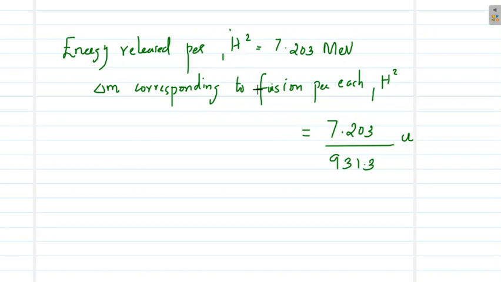Now what is the total mass? The mass of each 1H2 is 2.014102. So we know the difference in mass per 1H2 and we know the mass of 1H2.